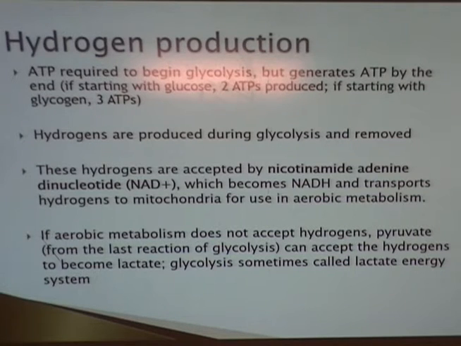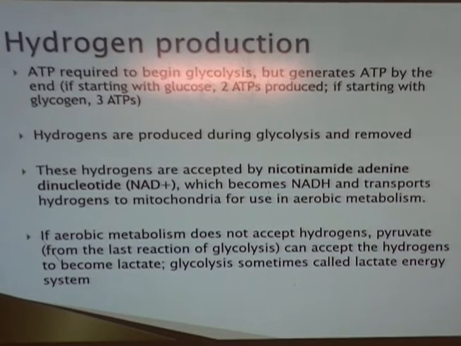That's really useful because that helps to maintain homeostasis within the cell, and we don't see such a large increase in acidity within the cell. We're going to come back to these hydrogens that have been shuttled when we get to system 3.